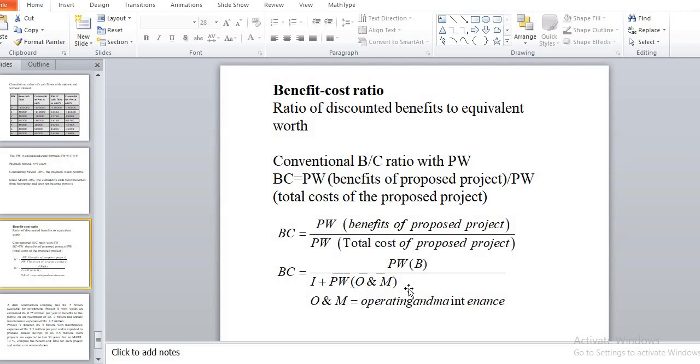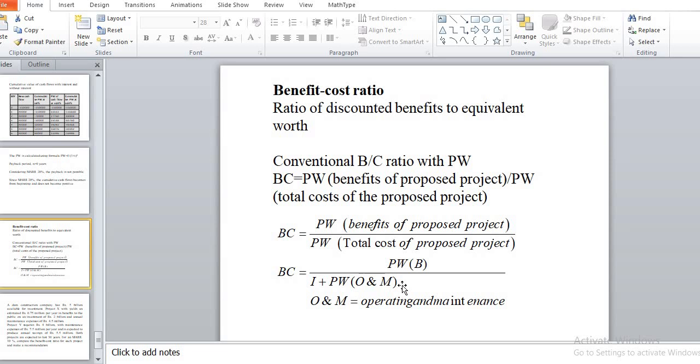If the project has some salvage value after some years, then we can subtract that salvage value here. It means we get some gain or some amount at the end of the project life, so the total cost is reduced by that amount.